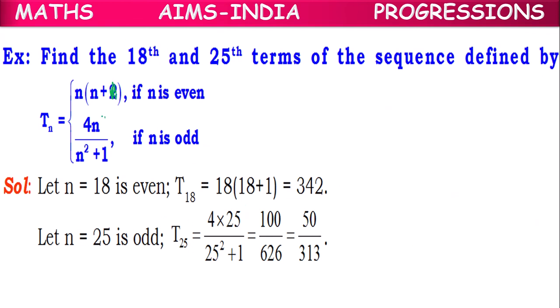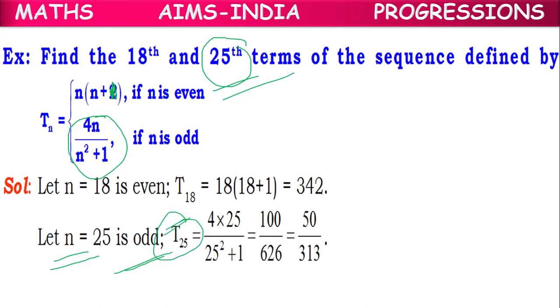Next, 4n by n square plus 1. Here the next term is the 25th term, n equals 25, which is odd. So T25, the 25th term. In the subscript we place 25, and since 25 is odd, we consider this definition. 4n by n square plus 1: 4 into 25 is 100, 25 square is 625 plus 1 is 626.